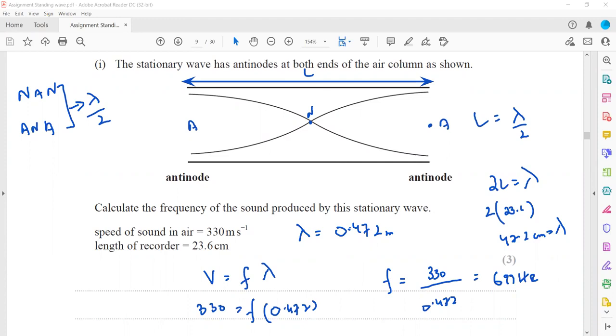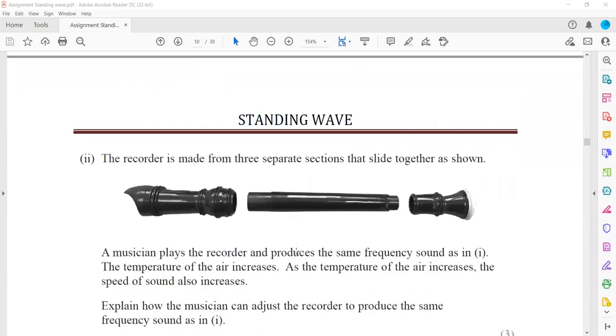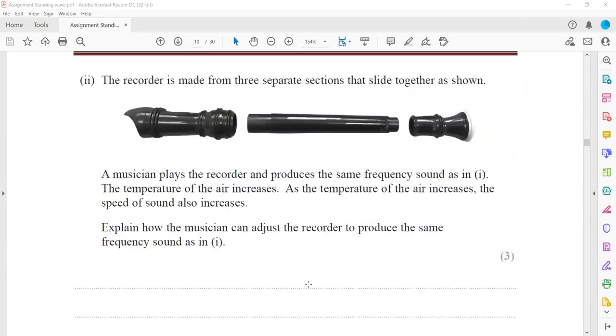Then the second part. The recorder is made from 3 separate sections that slide into each other. The musician plays the recorder and produces the same frequency as in part 1, so for example he wants to produce 699 hertz.